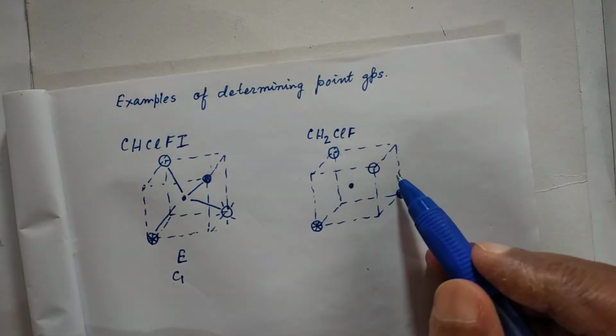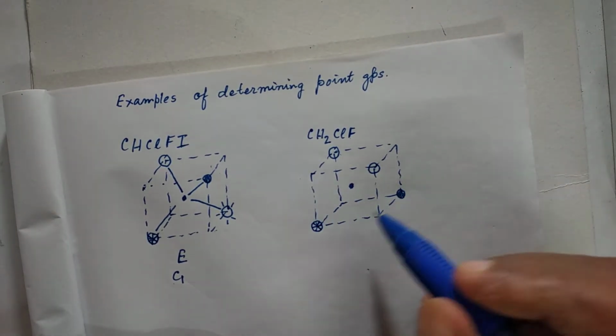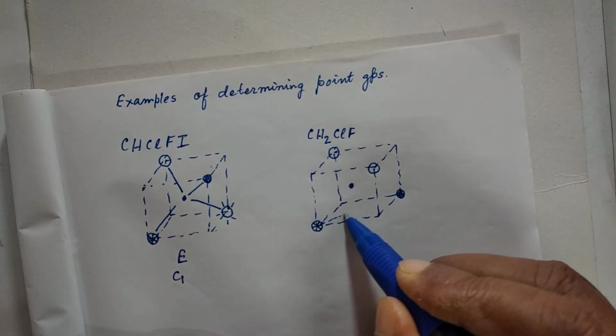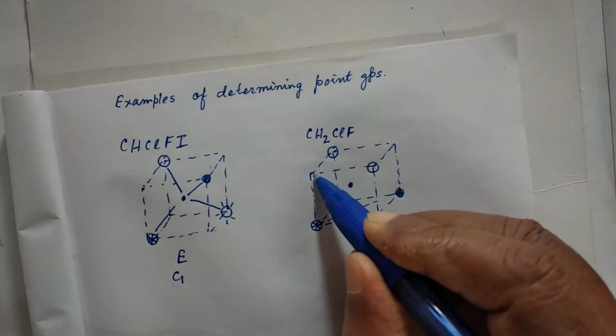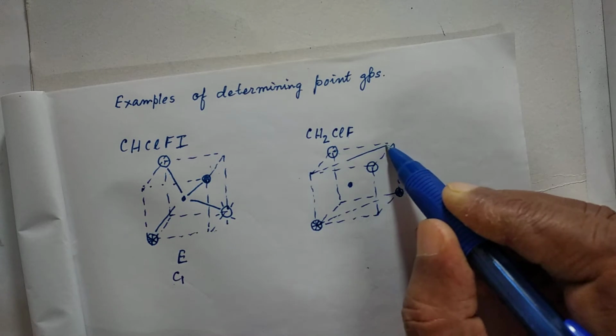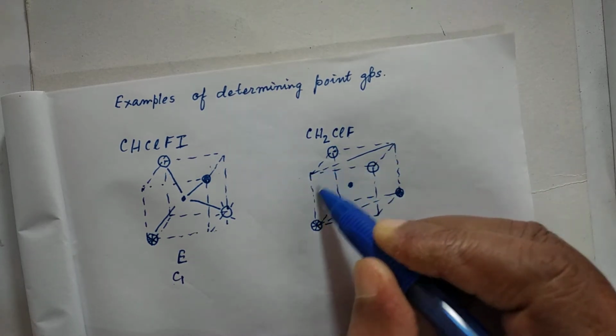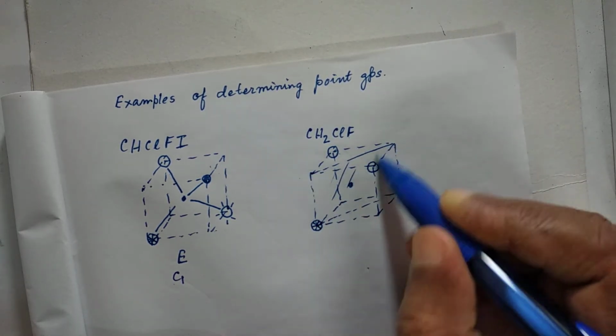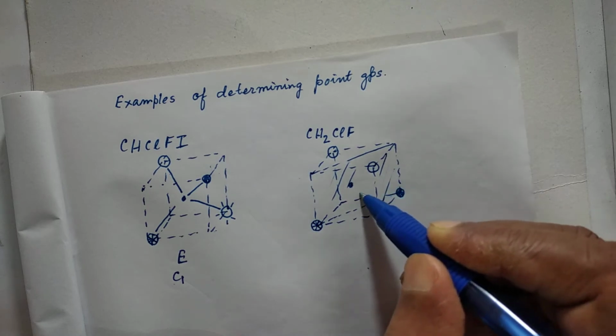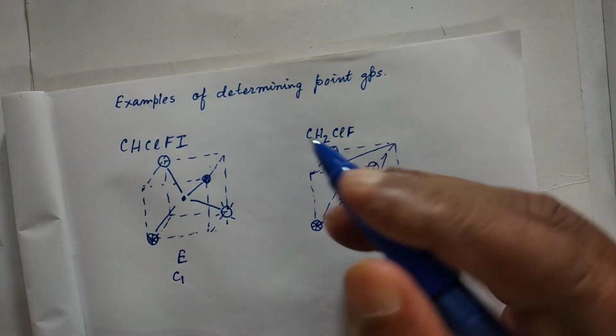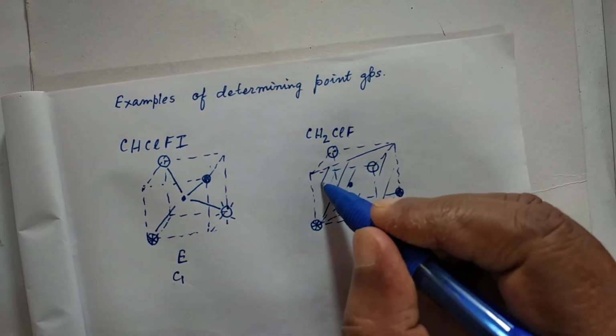It has no axis of symmetry, but you can use this plane, cutting the cube into 2 equal halves.